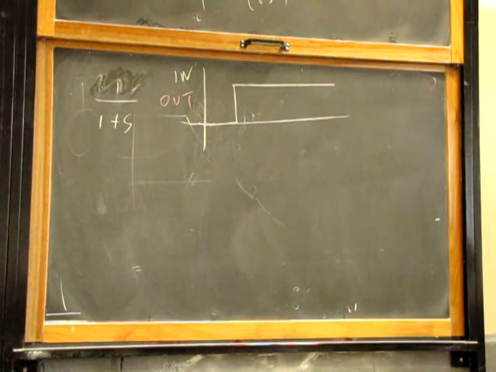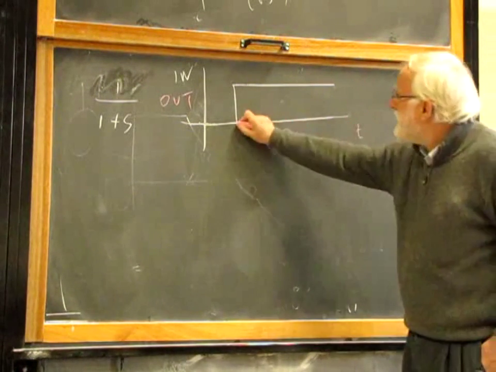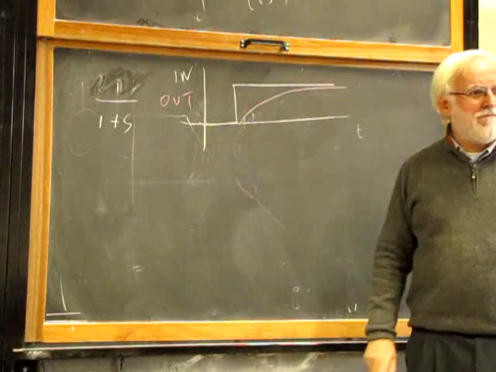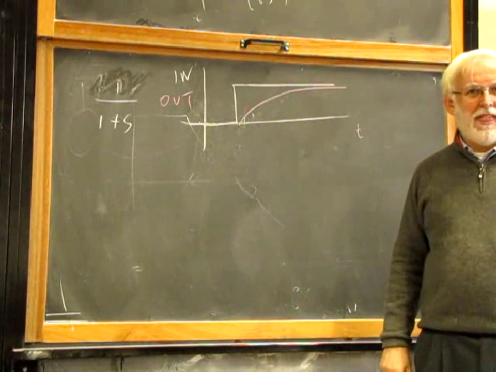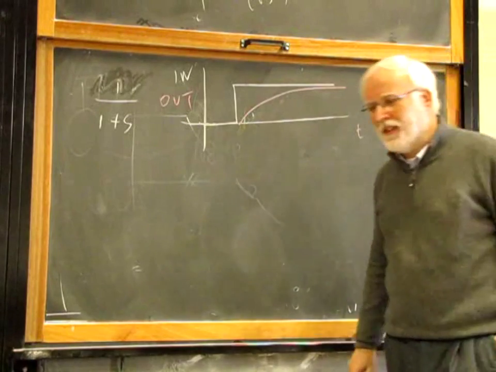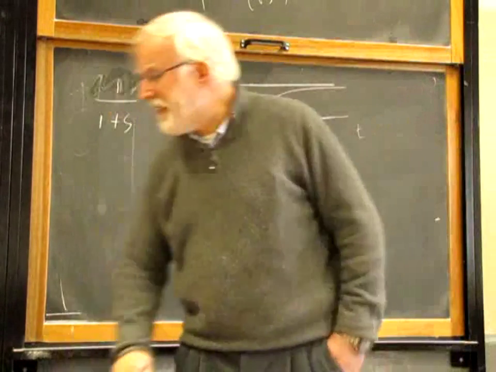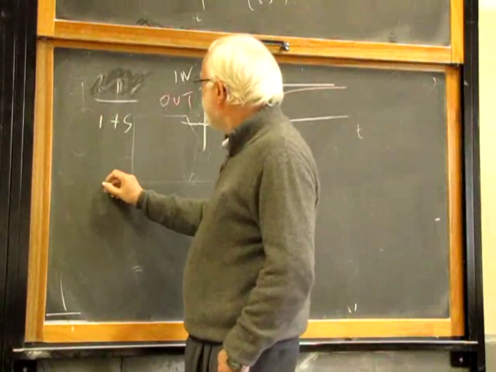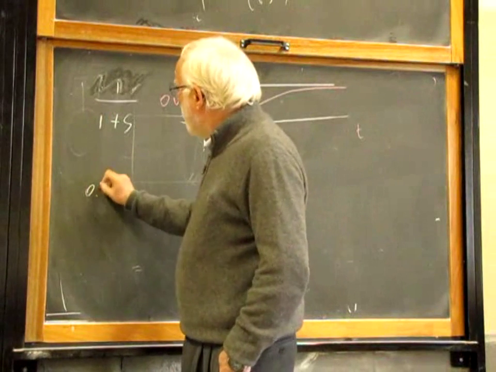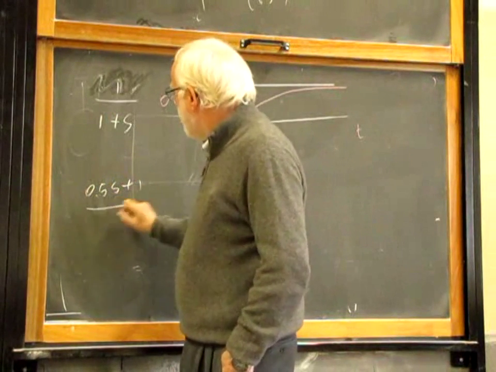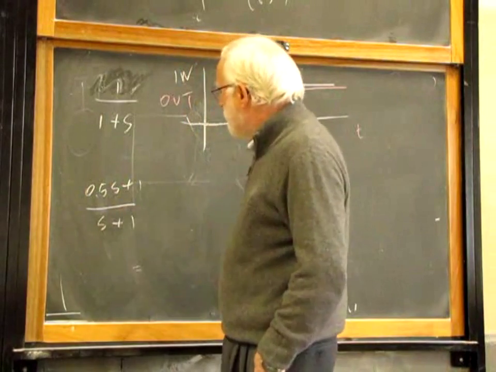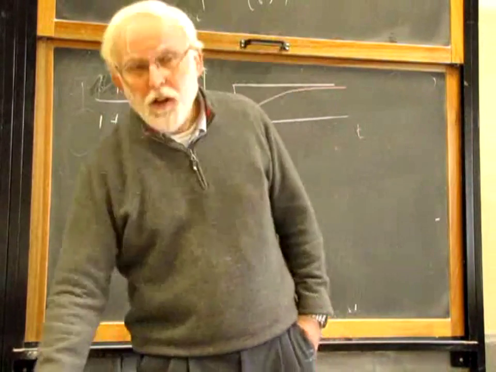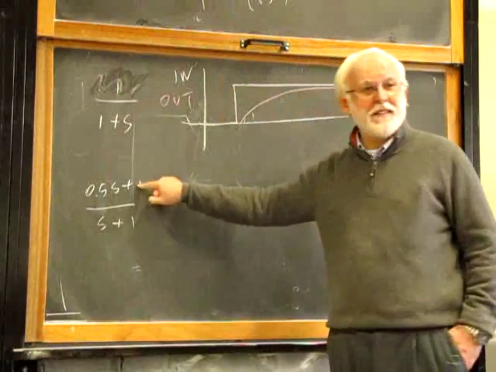Okay. In the time domain it is something like this. Let's put here 0.5 s plus 1 over s plus 1. We have a pole and a zero.